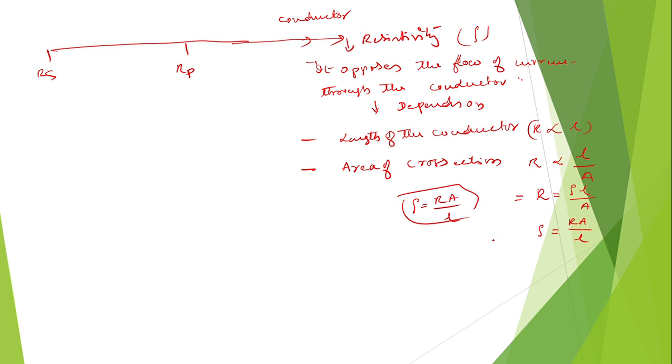RA divided by L. So this rho is a constant, known as resistivity.